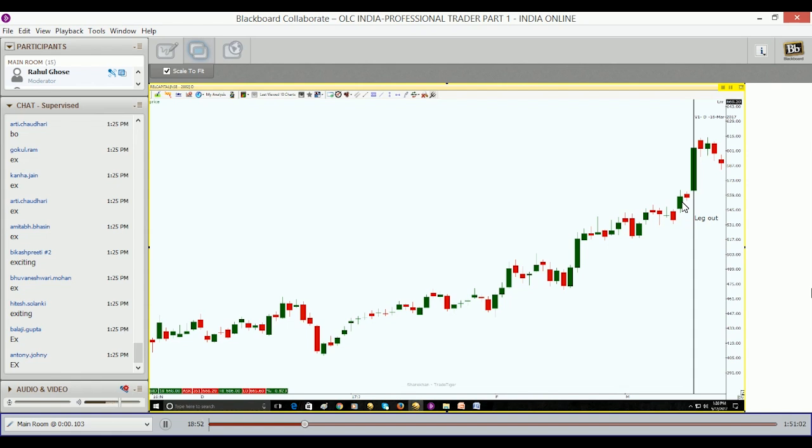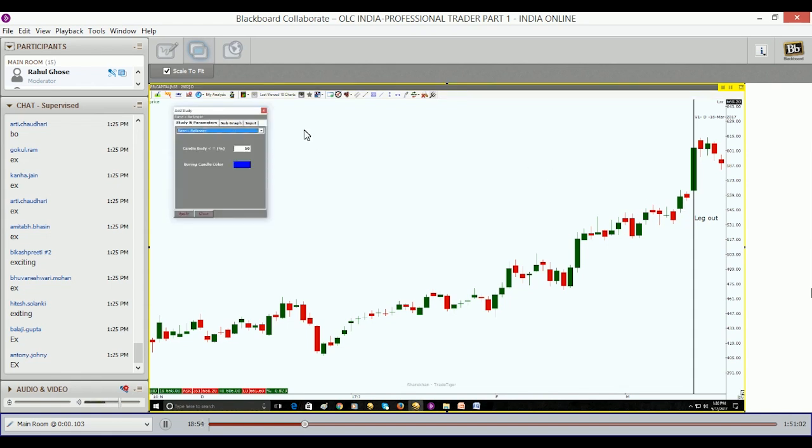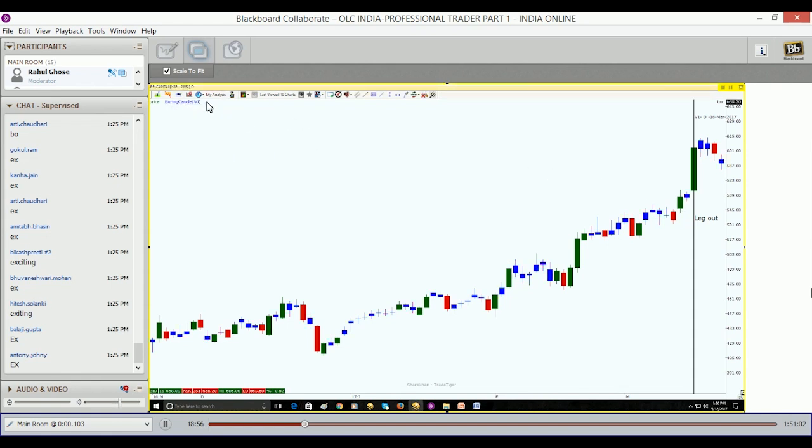Everybody seems to be sure, and absolutely it is indeed an exciting candle, which means this small red candle becomes my base and this green candle becomes my leg in.